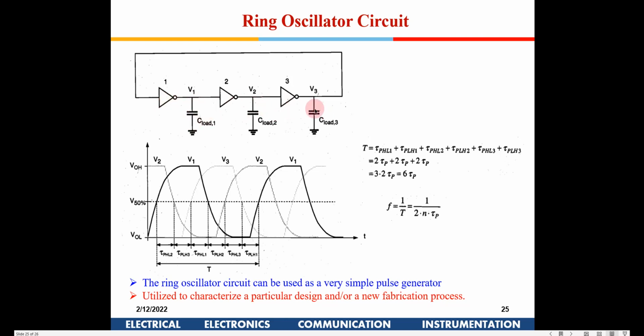I have put it here because whenever a new technology is proposed, the fab lab generally gives this kind of circuit for performance, because the frequency of operation indicates the total on currents and the capacitances.